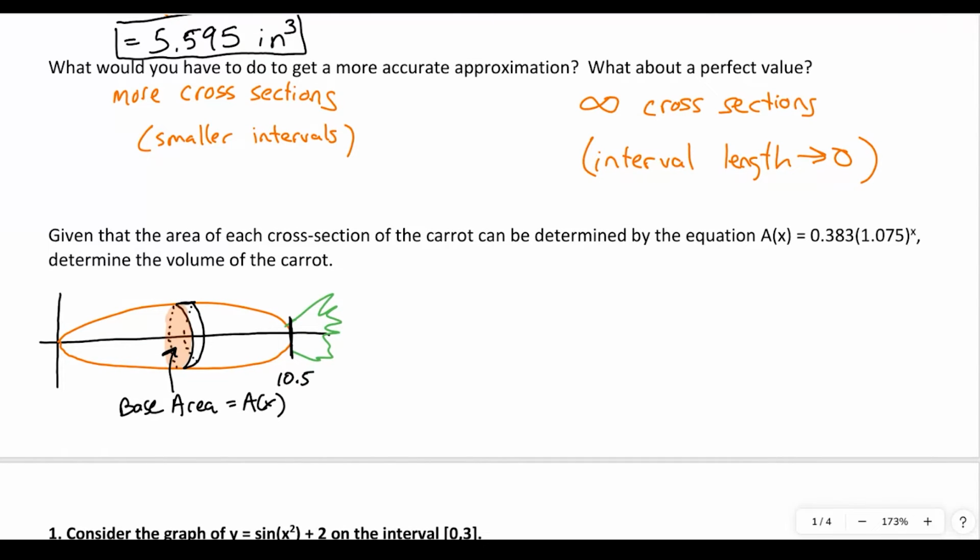But what about the quote-unquote height, or the distance between the bases? We want that to be effectively zero. We don't want it to be zero, but it needs to be pretty close to zero. So we want a unit of infinitesimally small distance in the x direction, and that is what dx is. dx is that infinitesimally small unit in the direction of x.